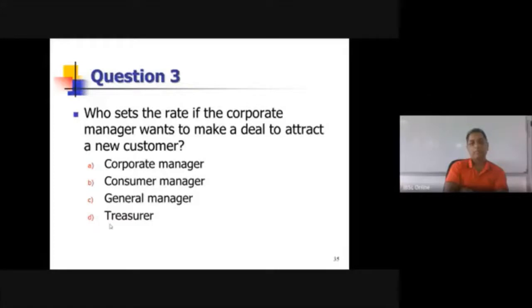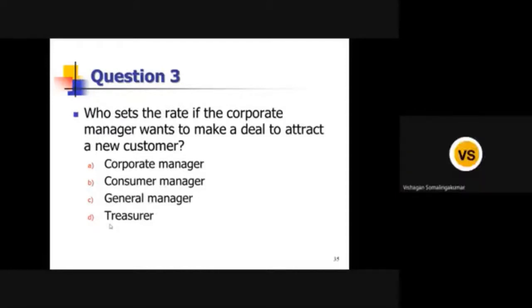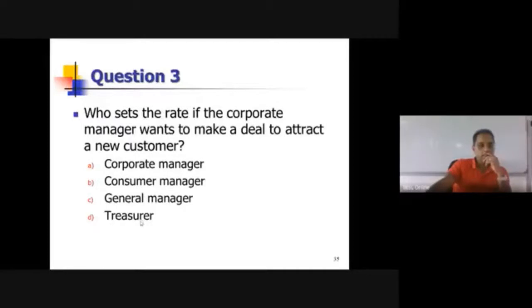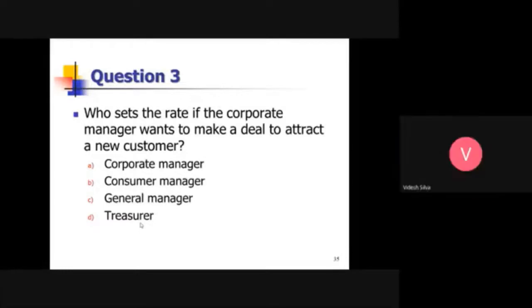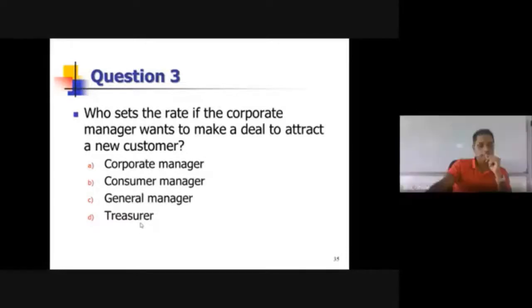A corporate manager, consumer manager, general manager, treasurer. Corporate manager. Okay. Any other answers? Treasurer. Okay. Any other answer?